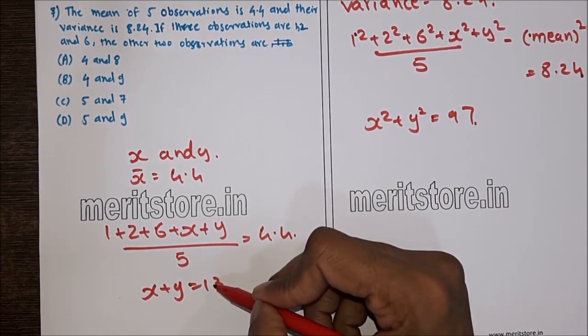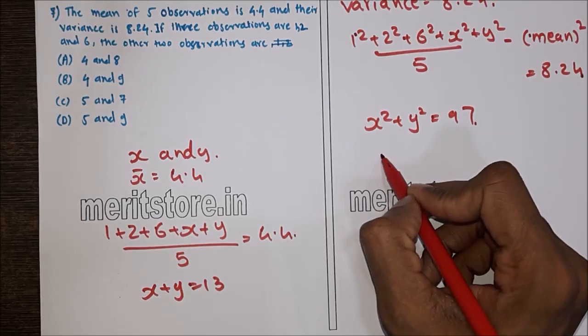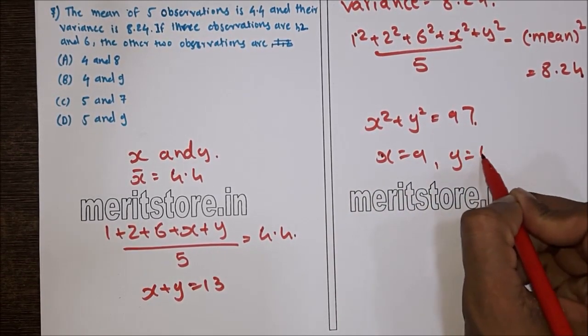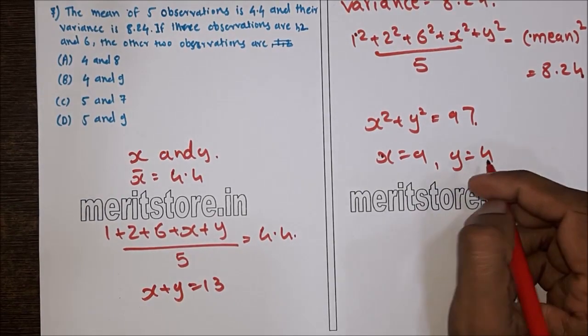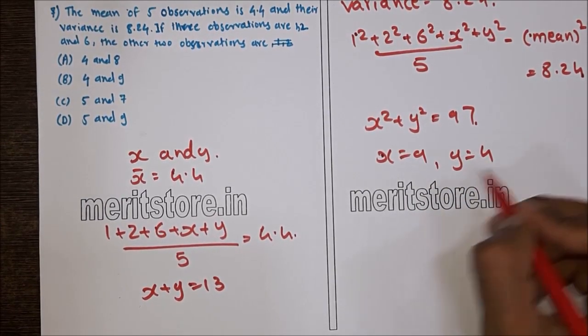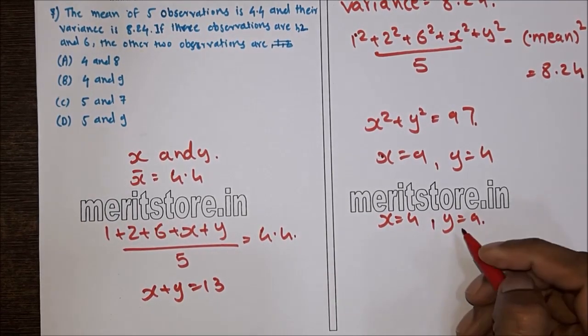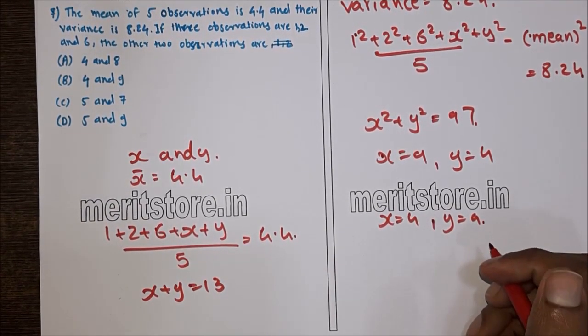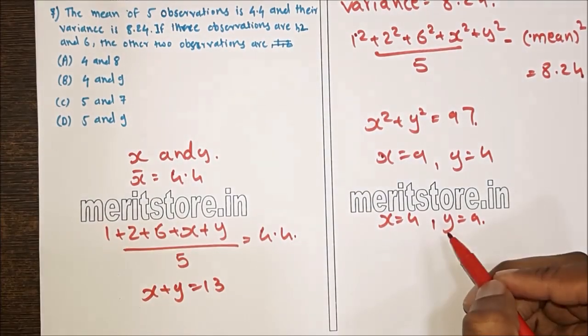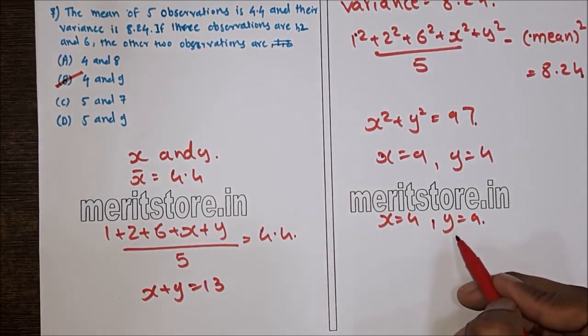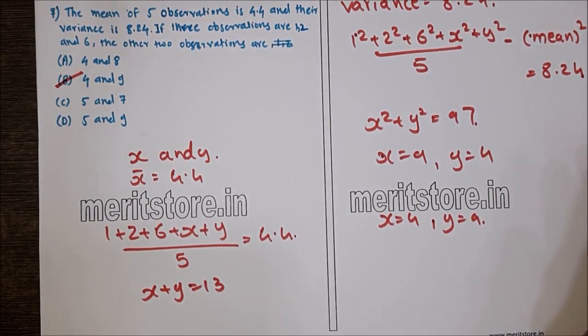Solving both, we get X equal to 9 and Y equal to 4, or either way, X equal to 4 and Y equal to 9, which matches with option B, that is 4 and 9. Therefore option B is the correct answer.